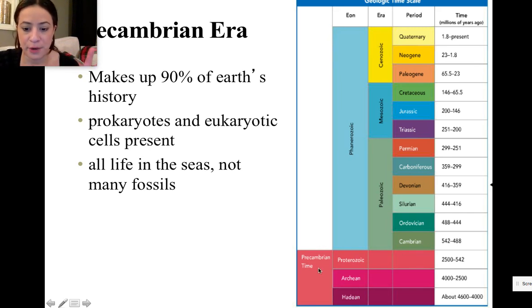This should probably be like 9 times as long. But it would be during this time that prokaryotic cells and eukaryotic cells would start to evolve, and all of our life would be in the seas, and there would not be many fossils.